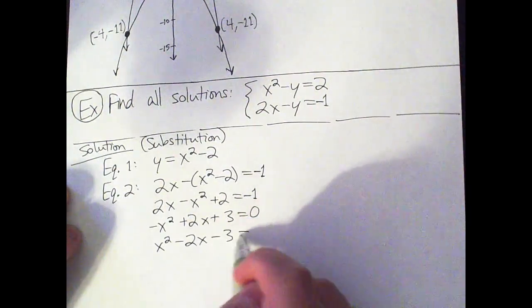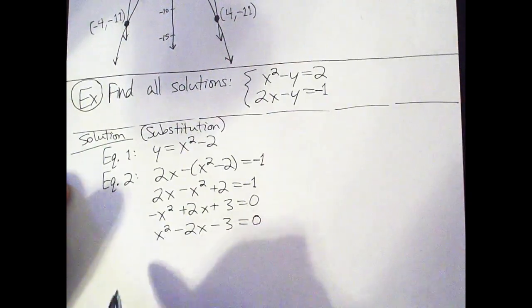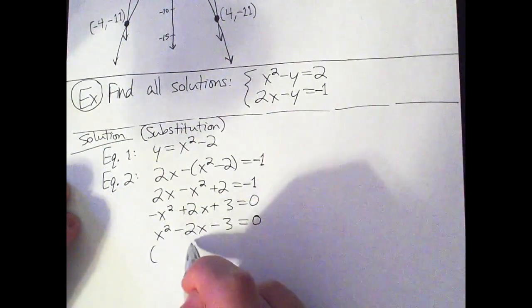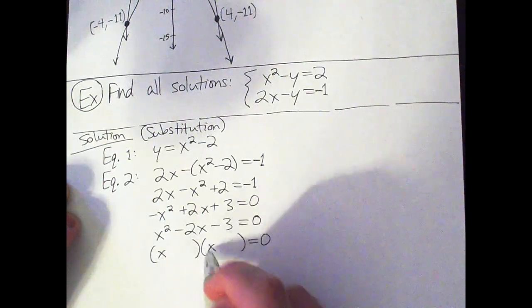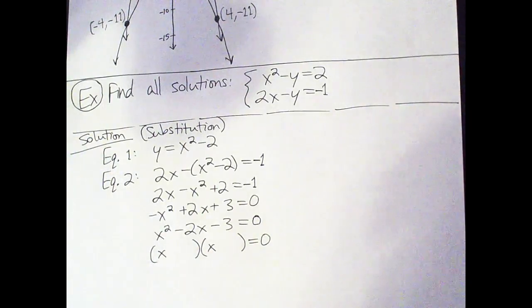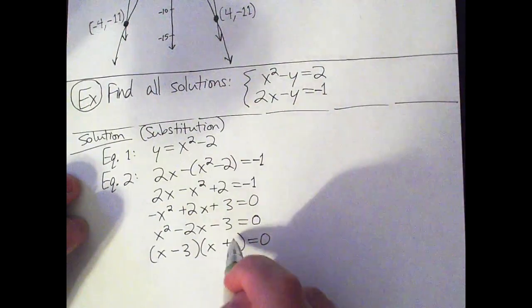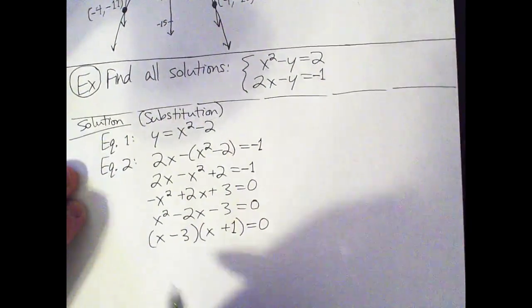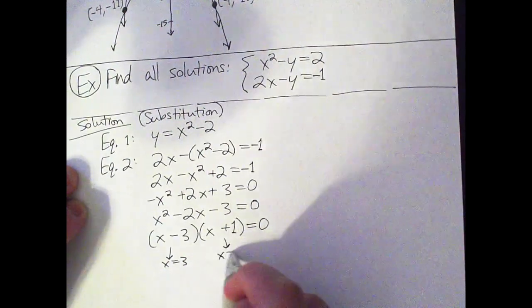That's optional, but I find it easier to factor when the first term is just x squared instead of negative x squared. So this factors to (x minus 3)(x plus 1), and I get x equals 3 and x equals negative 1.